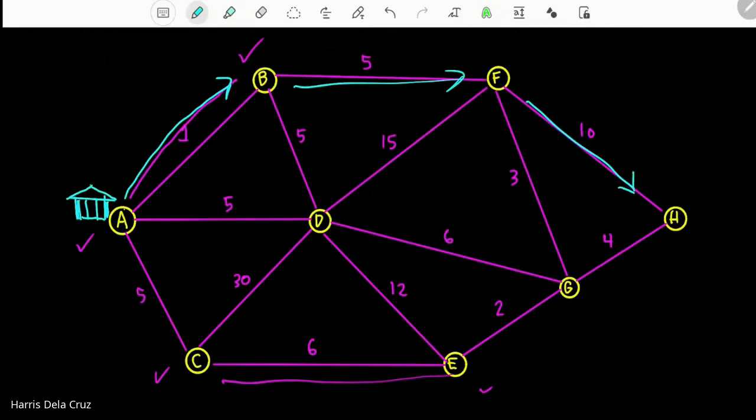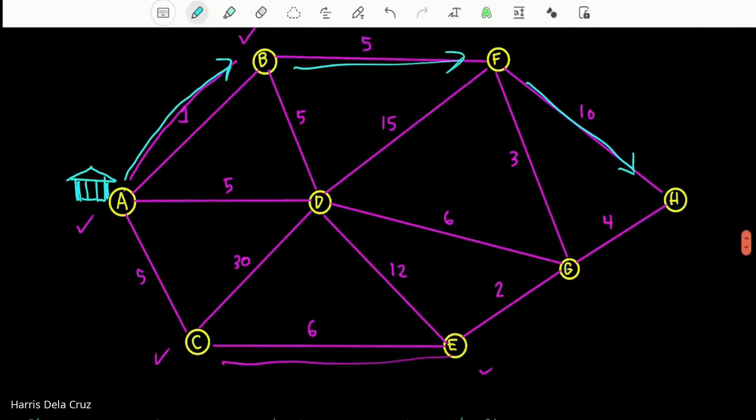So this trail is not unique. You can follow any trail for as long as you pass through all these roads once and only once, except for the additional edges that we have, the edges AB and CE. Basically, that would mean that you just have to pass those roads twice.